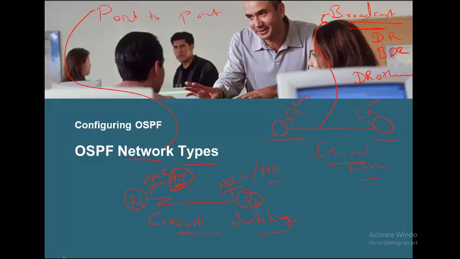In serial, the default on Cisco devices is the Cisco proprietary encapsulation protocol called HDLC. But if your router R1 is non-Cisco and R2 is Cisco, then you need to change that HDLC into PPP on R2.